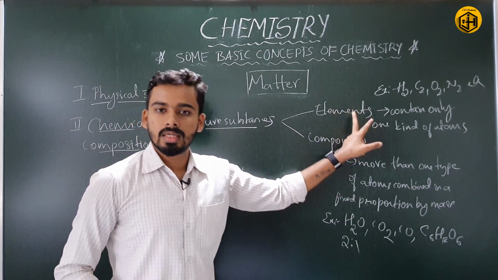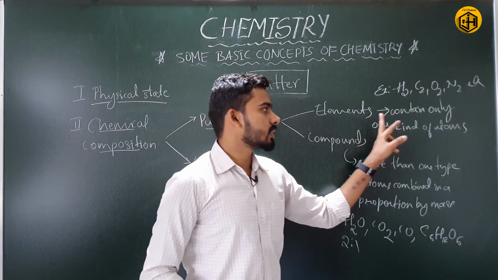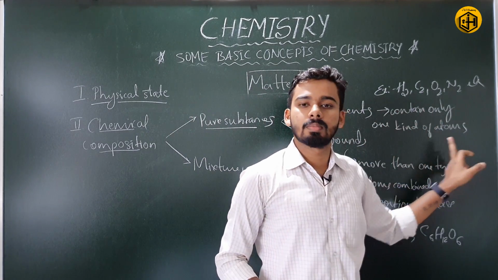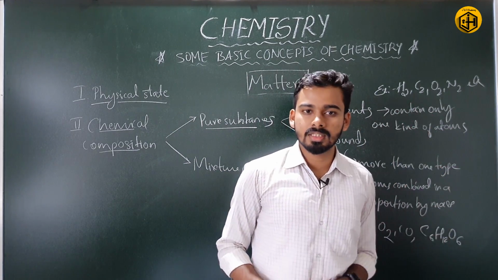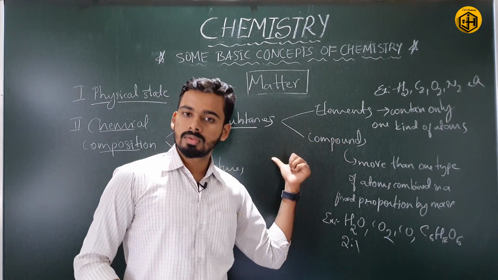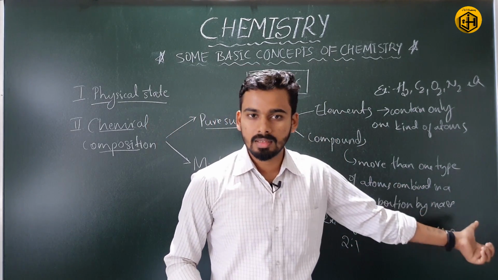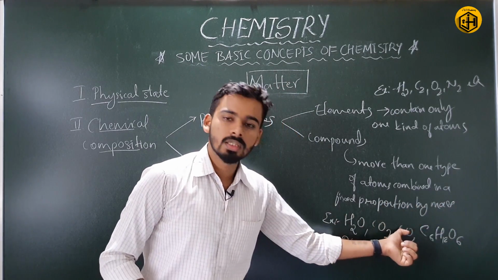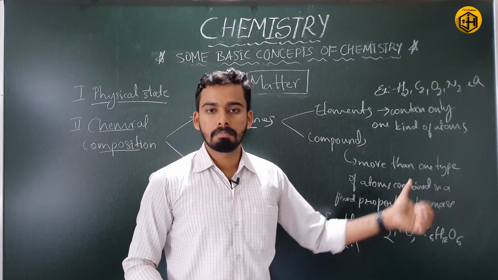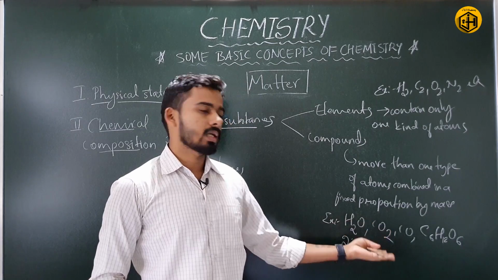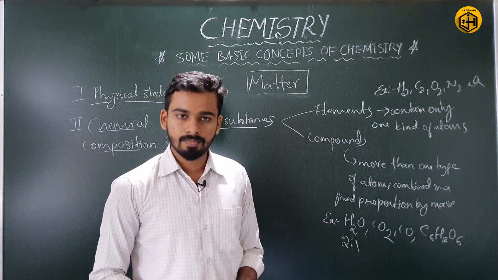Elements are pure substances which contain only one type of atoms. Compounds contain more than one type of atoms joined in a fixed proportion by mass. Examples: water, carbon dioxide, glucose, etc.